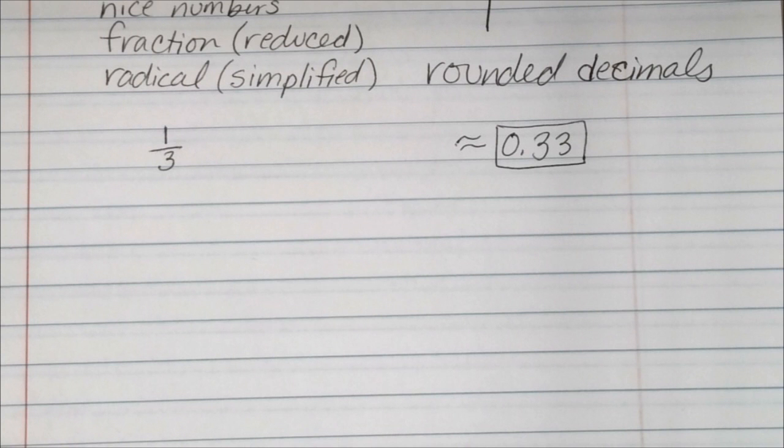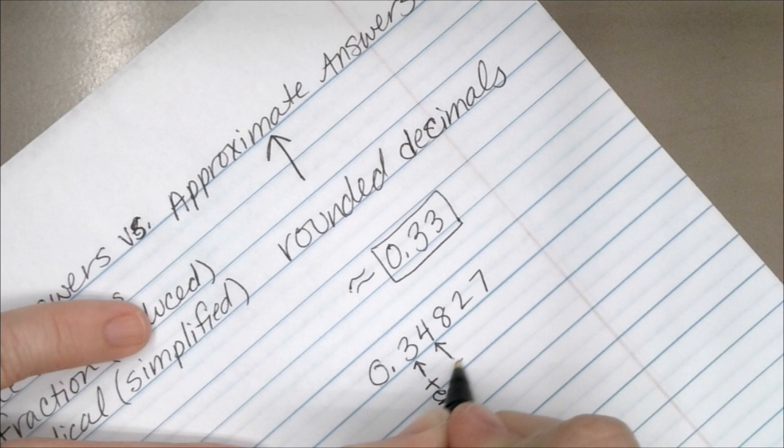Okay? So, if this was my decimal and you were asked to round to the nearest tenth, you look at the tenths place, yes, but the number right there in the tenths place does not determine what gets rounded. What determines what gets rounded? The number that's in the next column over, the hundredths column. So that's a 4 over there. What does that tell me about the tenths column?